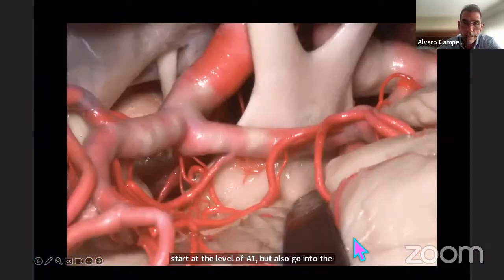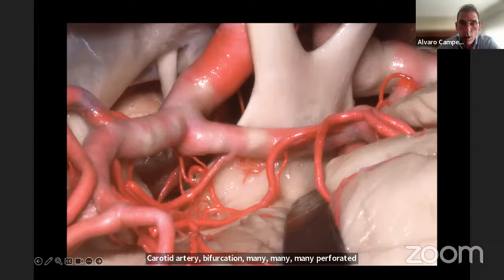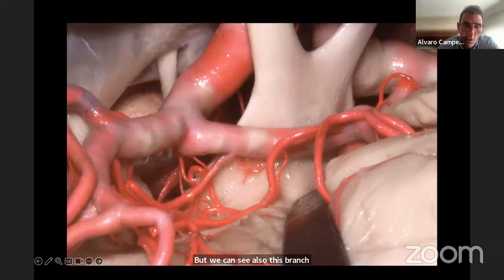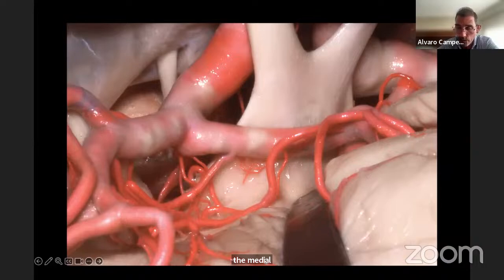We can see with magnification the carotid artery, bifurcation, many perforating branches from M1, from the carotid, from the PCOM, and so on. But we can also see this branch, the recurrent artery of Heubner, another branch that also goes to the anterior perforate substance, and small branches, the medial lenticulostriate arteries, that also go to the anterior perforate substance.